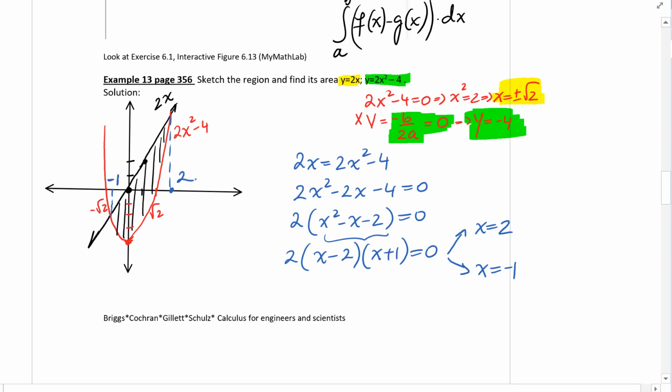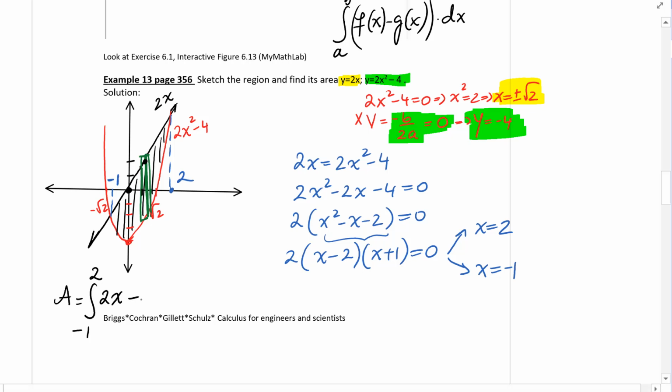Now, if we take another look at the graph, we see that the graph of 2x is above the red one all the time. So the area that we want to find is the integral from negative 1 to 2 of 2x. That's the function when we draw a rectangle between them, then the one that is higher is the 2x.